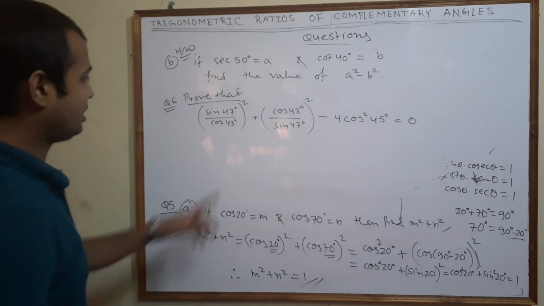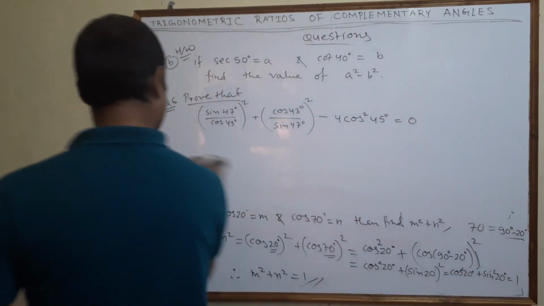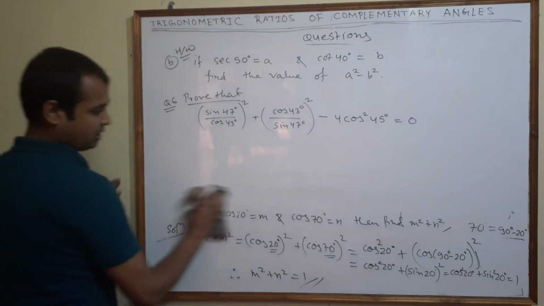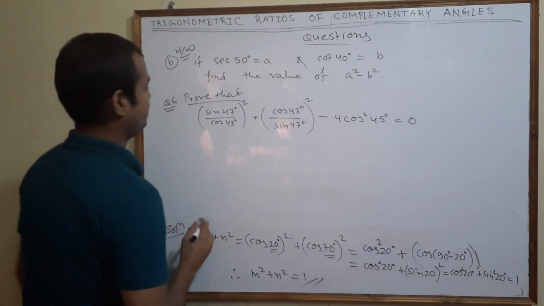So we got to show that left hand side is equal to right hand side. So we will take left hand side and we will proceed with that. Left hand side we will solve and show that left hand side is equal to 0.